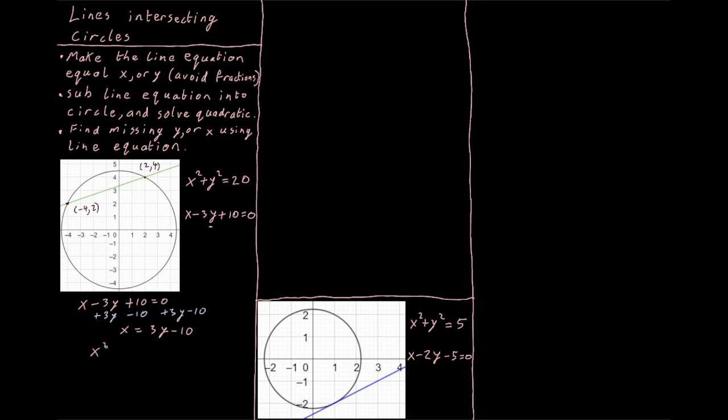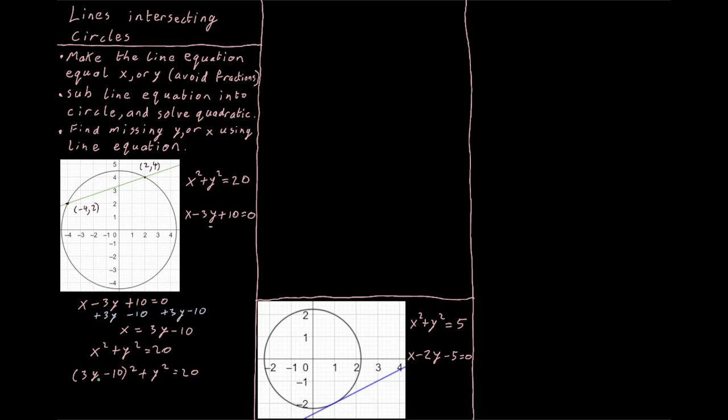So I have x squared plus y squared is equal to 20. And I'm going to say anywhere there's an x in this equation, I'm going to put in 3y minus 10. So x is 3y minus 10 to be squared plus y squared is equal to 20.